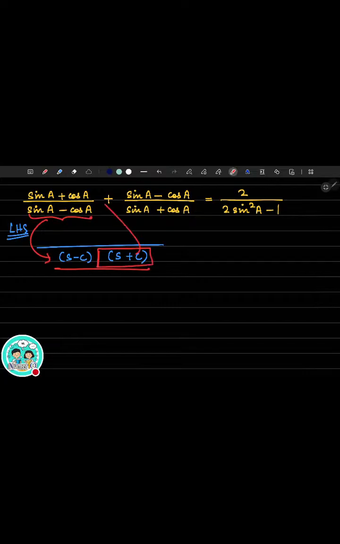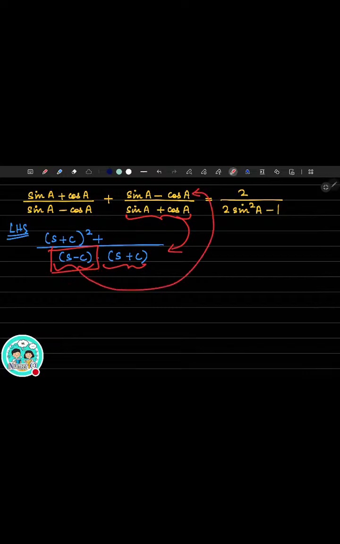So (sin A plus cos A) multiplied by (sin A plus cos A) will be (sin A plus cos A) the whole square, plus, again, what multiplied by (sin A plus cos A) will give (sin A plus cos A)(sin A minus cos A)? It is (sin A minus cos A). So this is (sin A minus cos A) multiplied by (sin A minus cos A), which is (sin A minus cos A) the whole square.